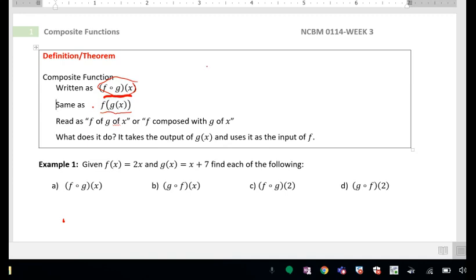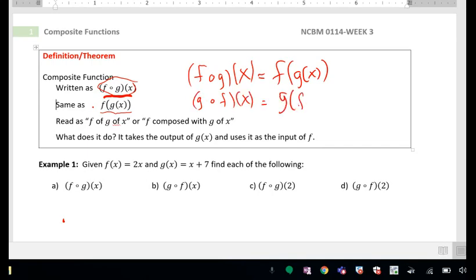Basically, the function furthest to the right is going to go inside all the time. So if you had g composed of f, then the function f would be inside. So the function furthest to the right is the one that goes inside.